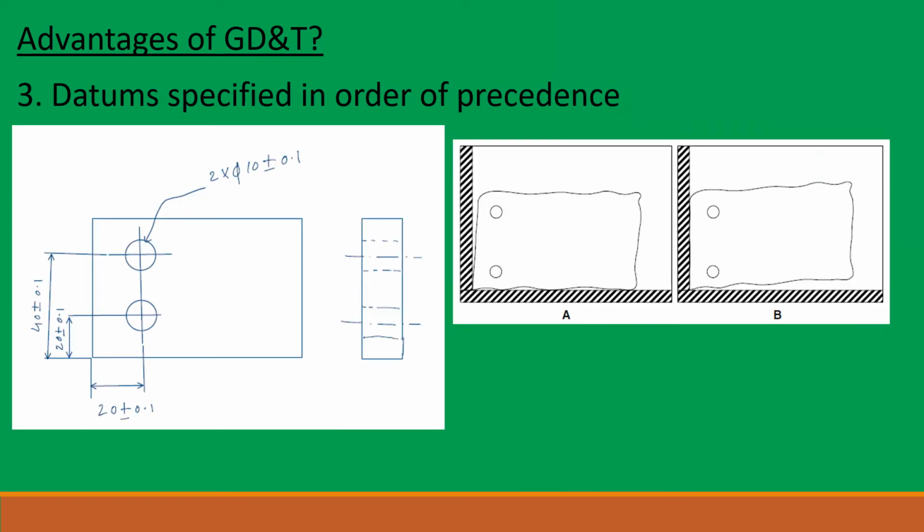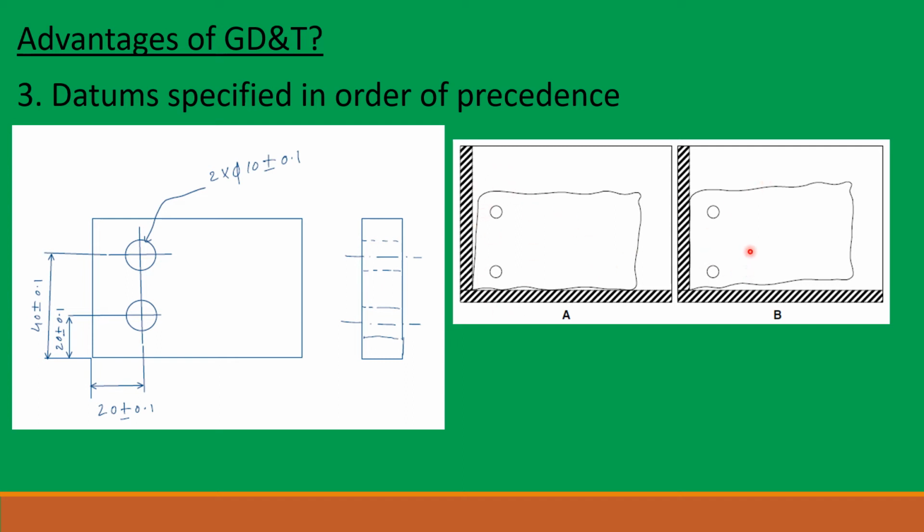The third advantage of GD&T over rectangular coordinate system is datums are specified in order of precedence in GD&T. Here, for example, this part is specified using rectangular coordinate tolerancing system, and there are two logical methods an inspector can set up the part for inspection, like shown here in picture A and B. This results in two different measurements of hole positions.